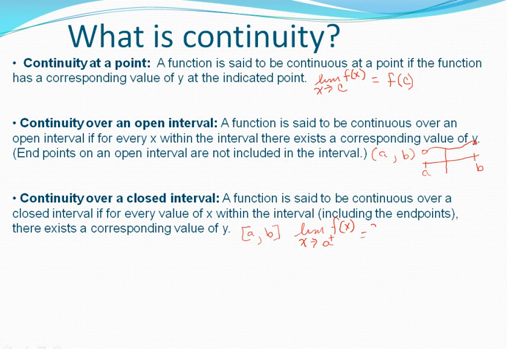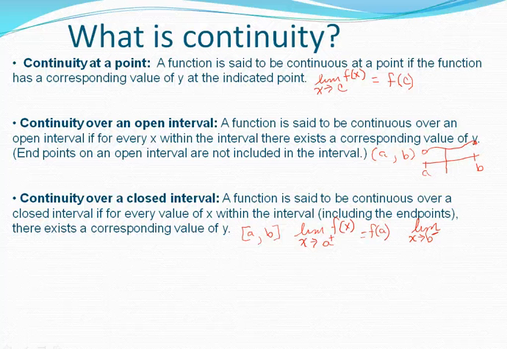If this limit is equal to the value of the function at a, then my left-sided limit exists. Now, if I look at the limit as x approaches b from the left, I'm now looking at the right side of my interval.